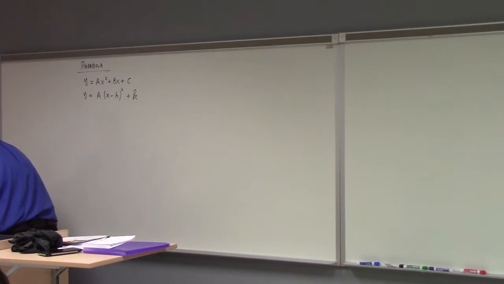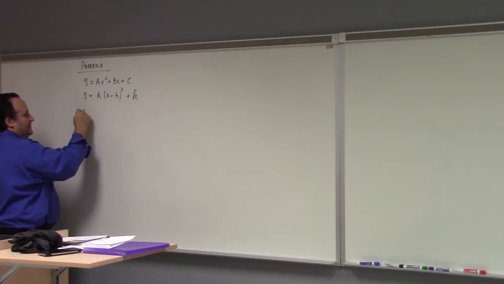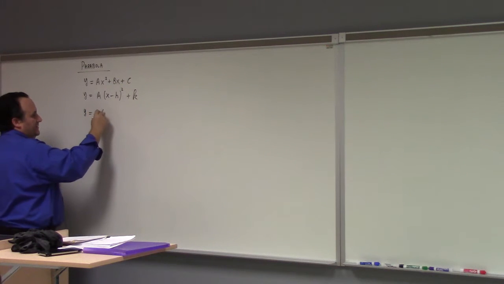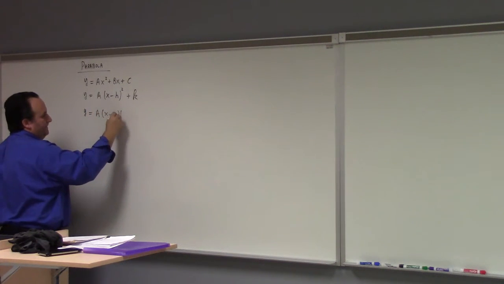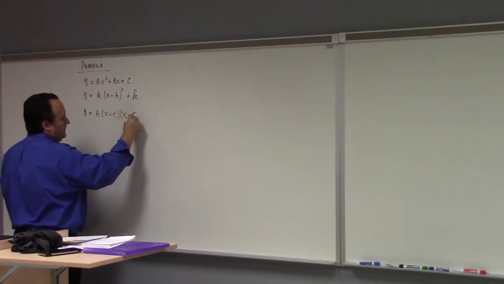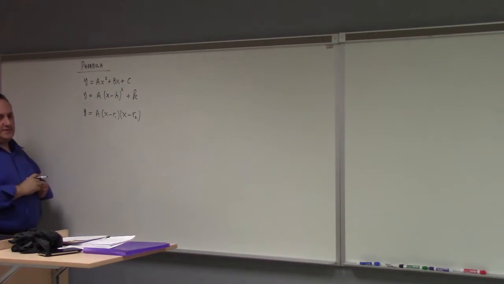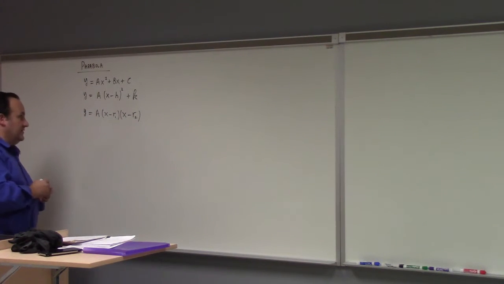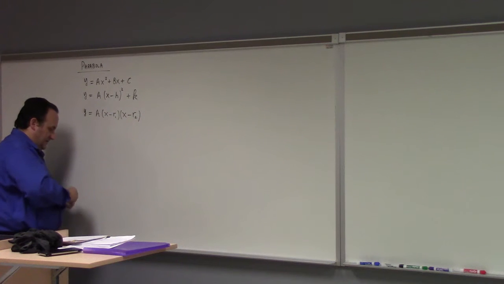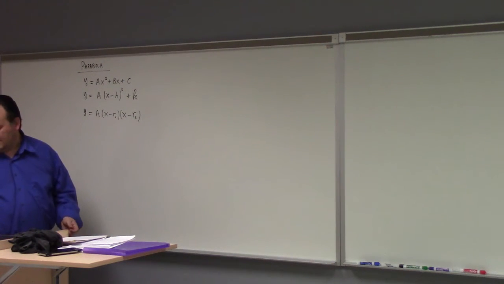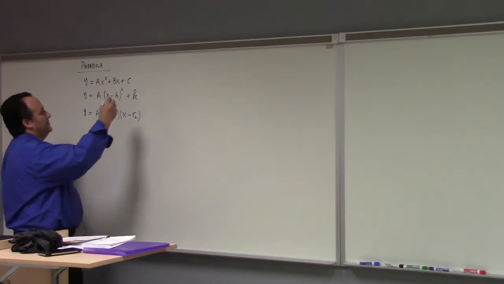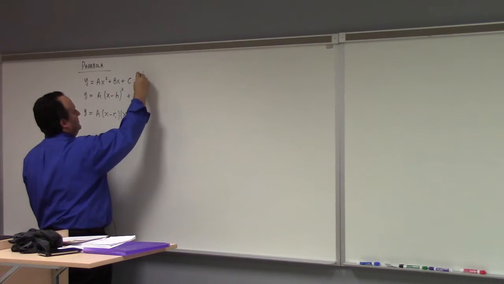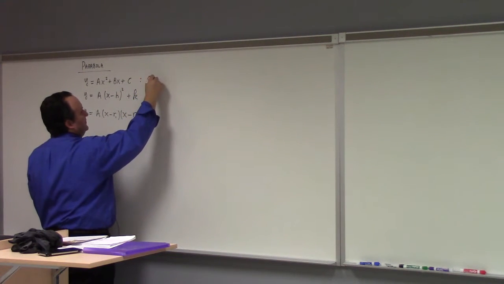And then, not last but certainly not least, we also have the x-intercept form of the parabola. If you have any one of these equations, it has different information. The first one doesn't tell you much, but c is equal to the y-intercept.